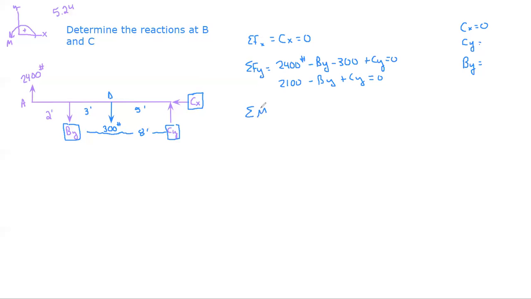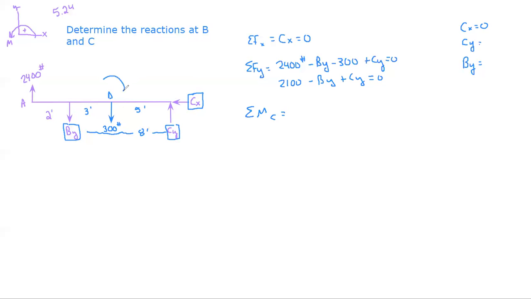I'm going to take the summation of the moments about C. So if I look at the summation of moments about C, we already know Cx is 0. Cy will not be a player because the perpendicular distance between where it's being applied and the point of rotation is 0. Point D is a player.